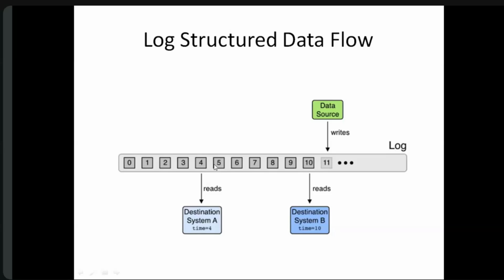Similarly, if consumer B is currently reading from position number 10, then the next item it can read is 11. So reading and writing, this is how it happens in a partition.